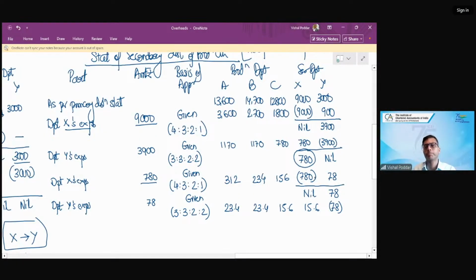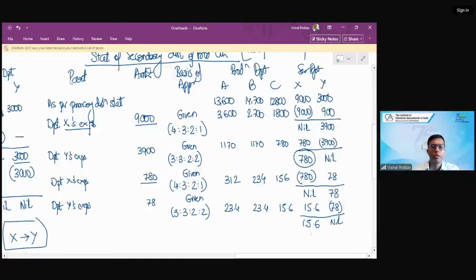Correct? Yes, correct, Meenu. Ishwarya, Riddhi, Prajot, Medha. Very good. Good. Now what? Nil and 15.6.